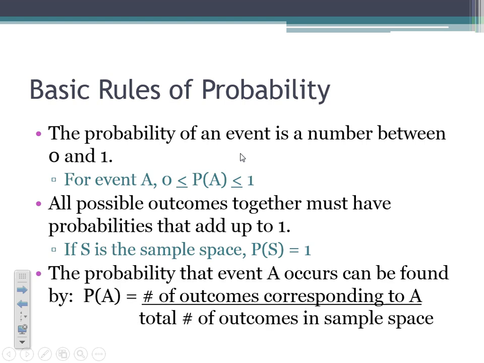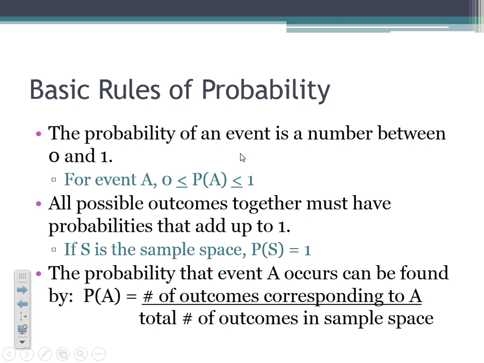Our third rule of probability is simply the model that we use to represent a probability answer. The probability that event A occurs can be found by, and again, we use that same notation, P of A, the number of outcomes corresponding to A, so A is our event, divided by the total number of outcomes in the sample space.